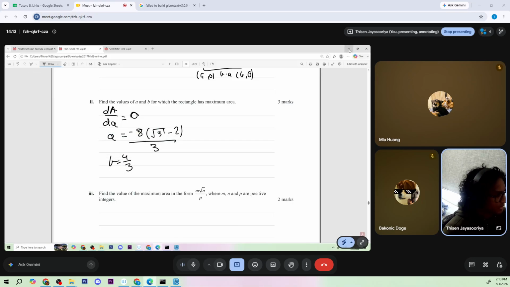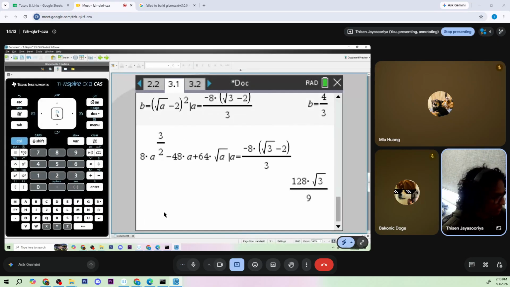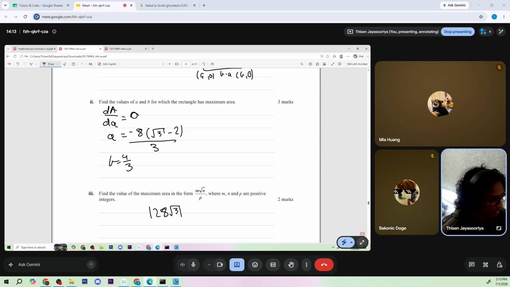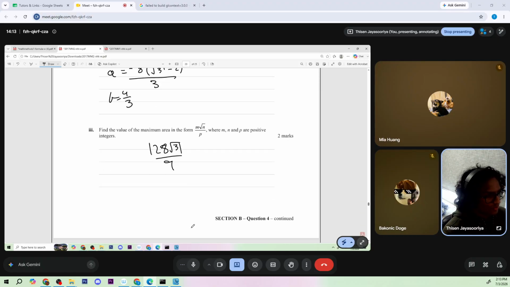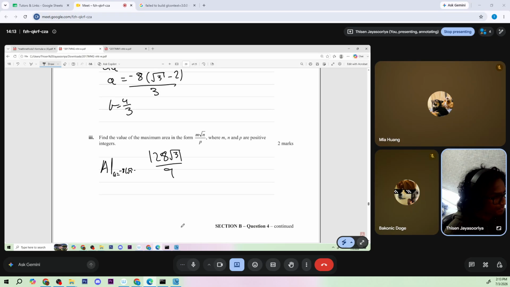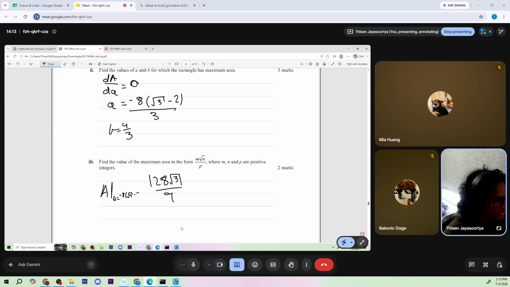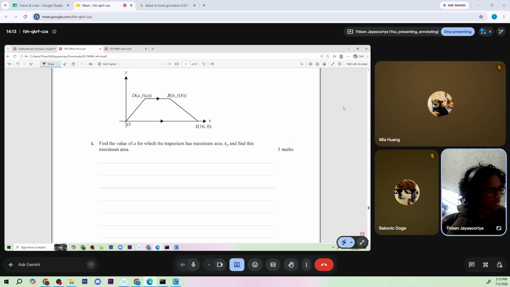So the area is just 128 root 3 over 9. If you were to show this, you would have to say a, given that a equals whatever value we got up there, so negative 8 square root 3 take away 2 over 3, equals what? And then we just say unit squared. Make sense? That's all chill.